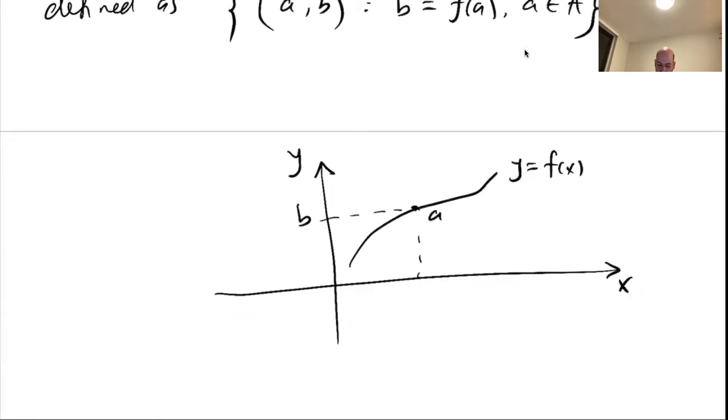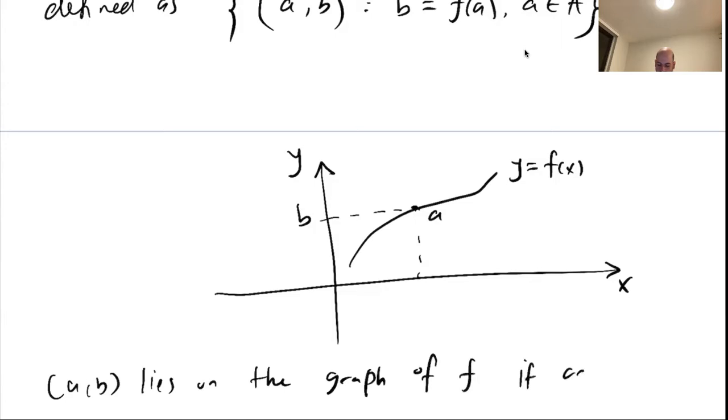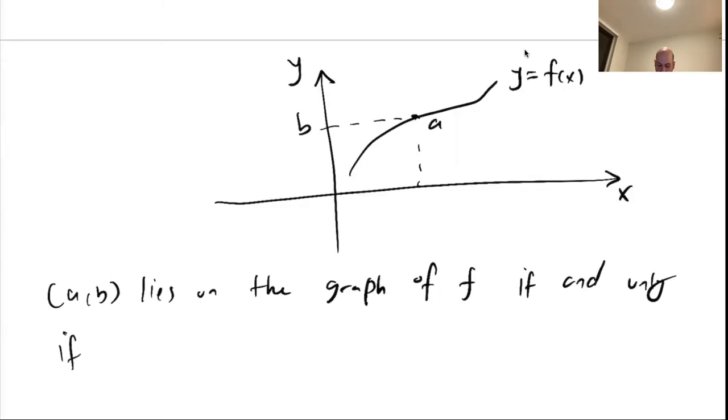Then (a, b) lies on the graph of f if and only if b is equal to f of a.